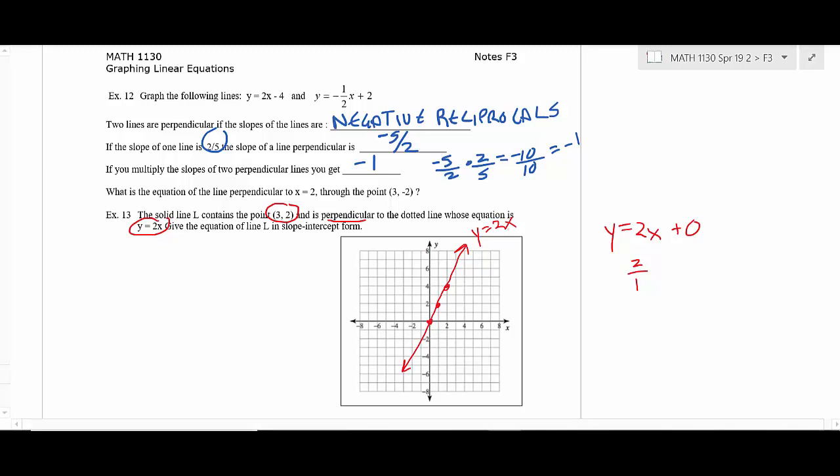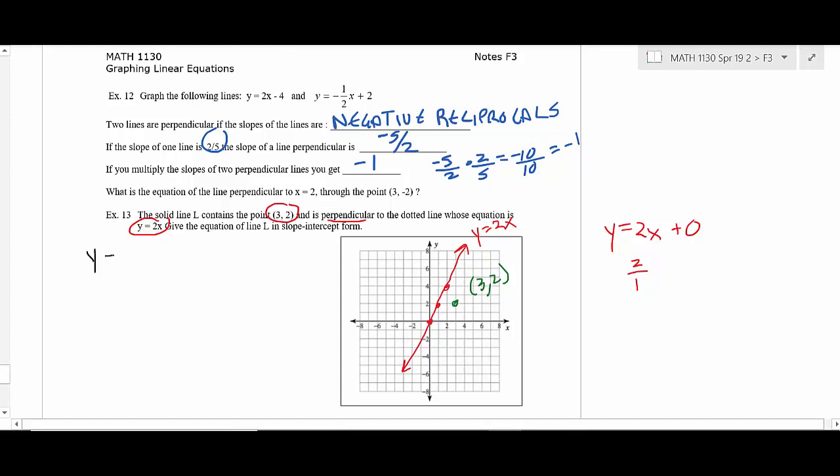The other thing is we have a point (3,2), so you want to locate that point (3,2) and go like that. What we're going to end up doing is our line's going to be at a right angle to it, so it's not going to be parallel. So what we do is actually the same thing that I did on the last problem with one exception.